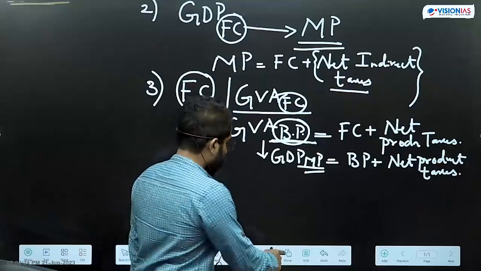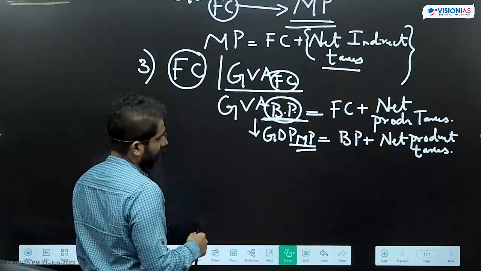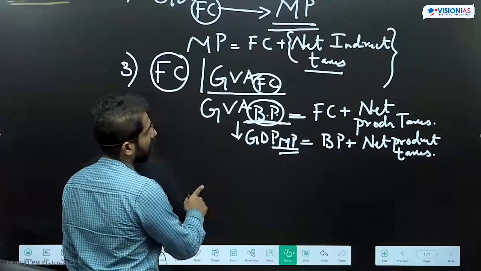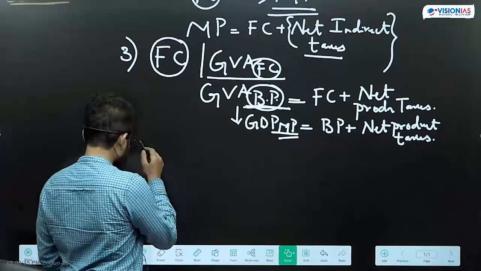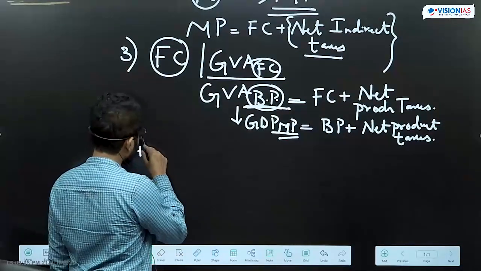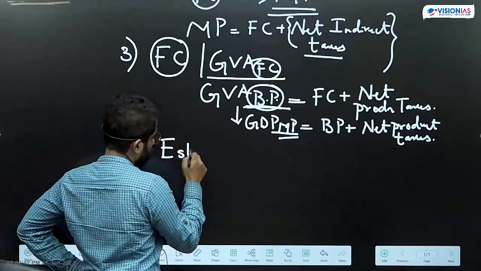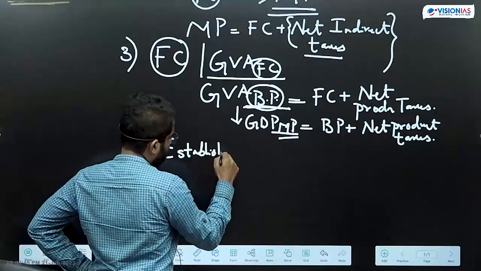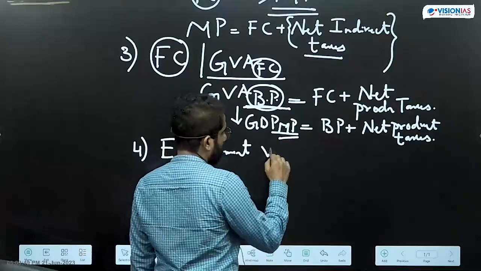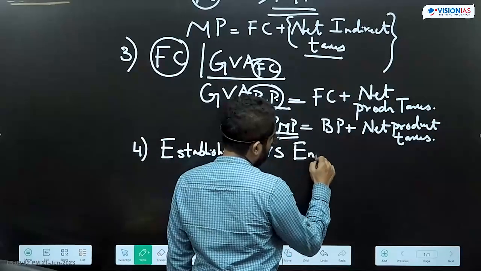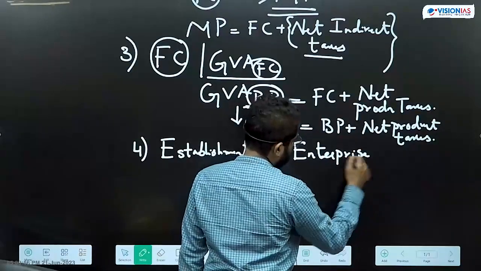Okay, and then there were a few other changes also, and they were commenting that because of this change also there are some problems. So earlier when they were taking the GVA, they were taking it at the establishment level, now it is enterprise level.